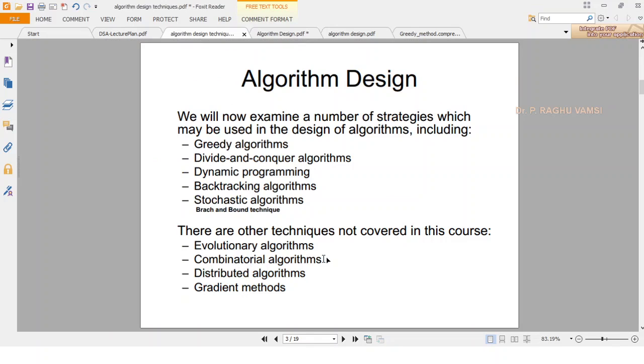Combinatorial algorithms, distributed algorithms, and gradient methods are somewhat specialized algorithms, where in the combinatorial case you will use permutation and combinations related strategy to solve the problem. In case of distributed algorithms, whatever algorithm we have been solving or computing so far is centralized.